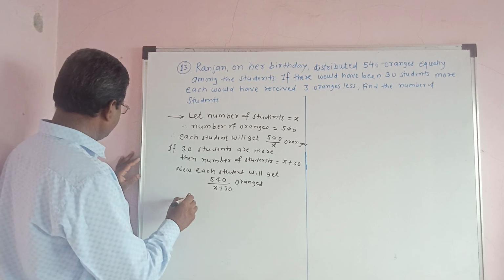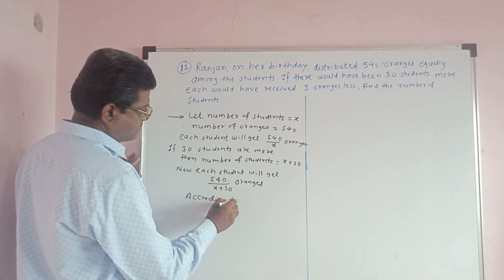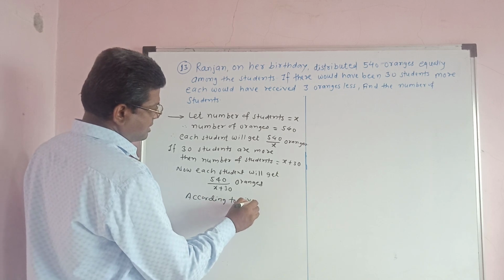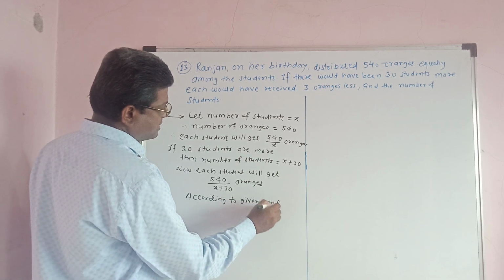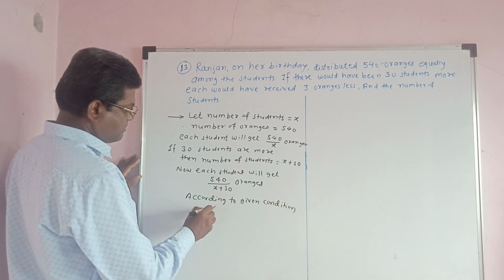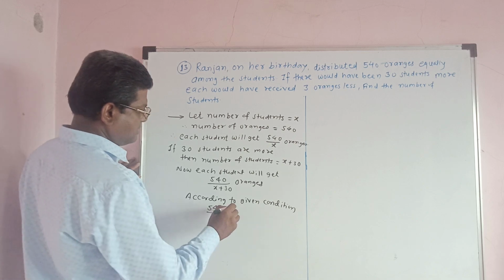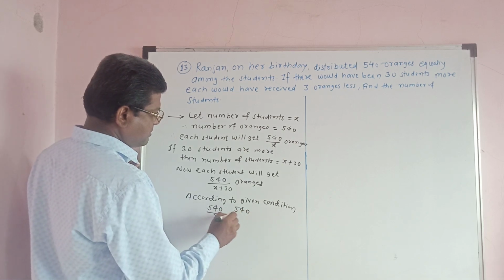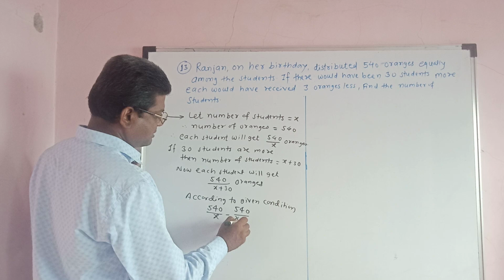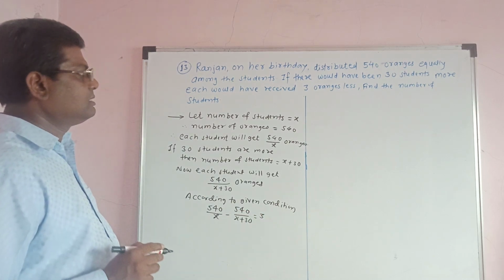Therefore according to given condition, 540 upon x minus 540 upon x plus 30 is equal to 3. Its difference will be 3.